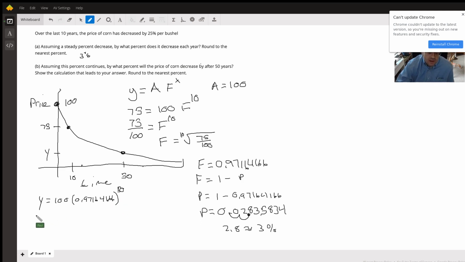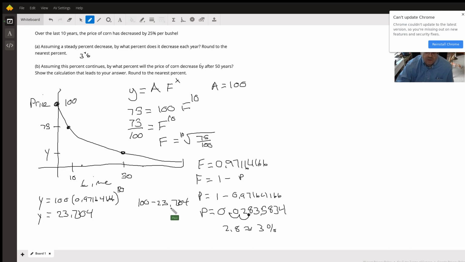And if we do that, then we get 23.7304. And this is the price, but we want the percent of decrease. So that is going to be 100 minus 23.7304.